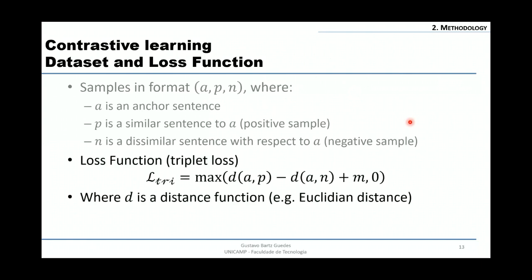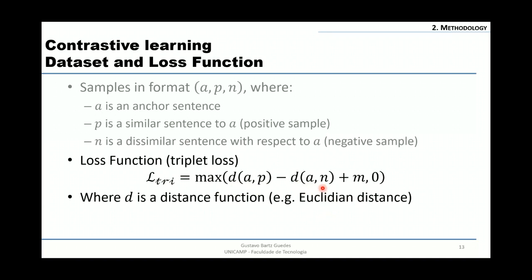So to fine-tune our sentence transformer models with contrastive learning, we use the triplet loss function, which is a contrastive loss function. So here we have the distance between the anchor sentence and the positive sentence. We calculate this; we can use the Euclidean distance, for example. And we have here the distance between the anchor sentence and the negative sentence.